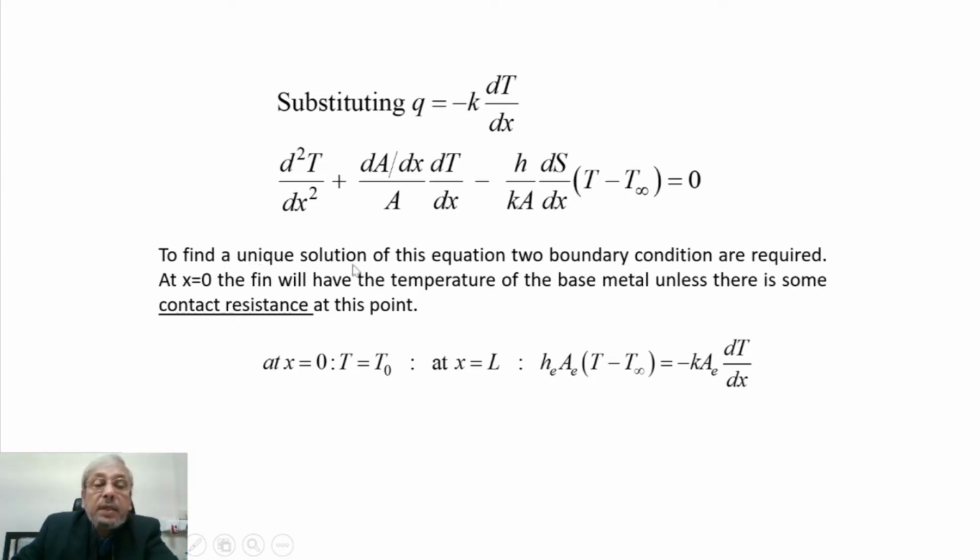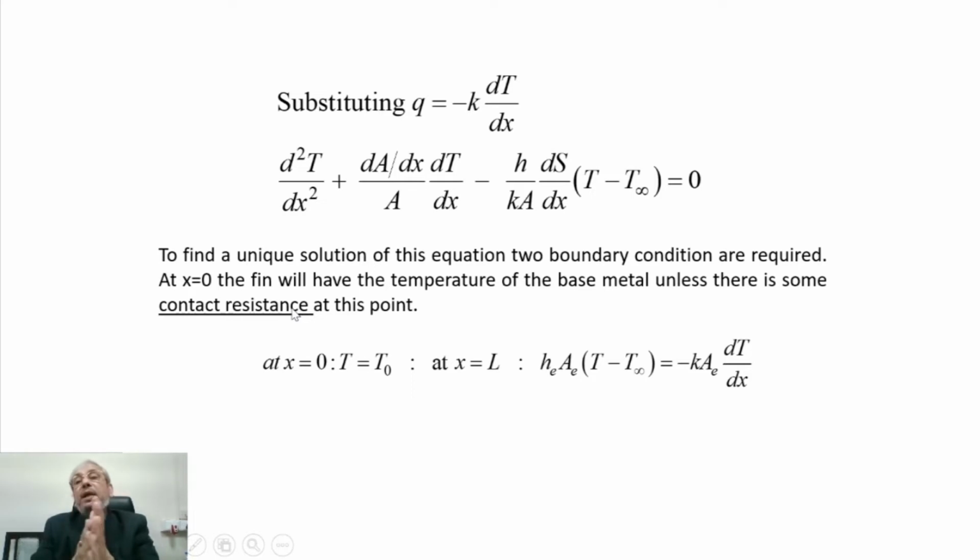To find a unique solution of this equation, we can see it is a second order differential equation. Two boundary conditions are needed since the order of the equation is 2. So at x equal to 0, the fin will have the temperature of the base material, unless there is some contact resistance problem.